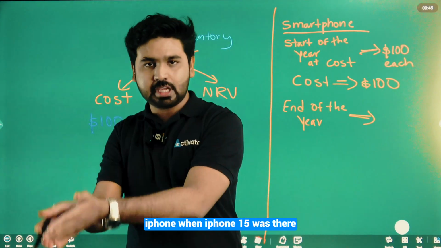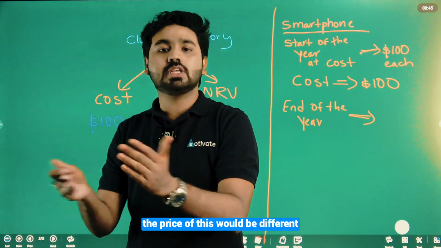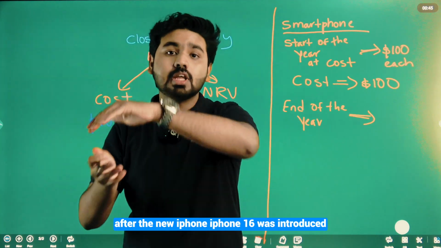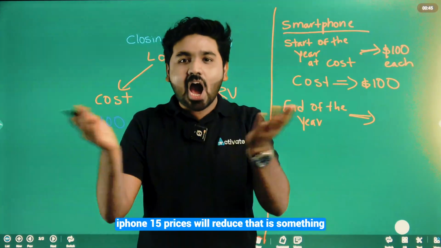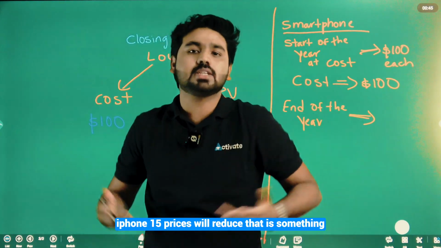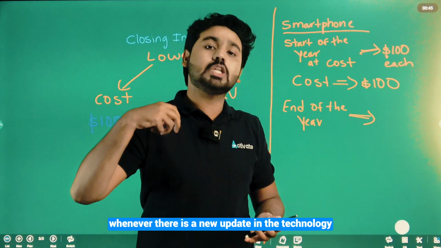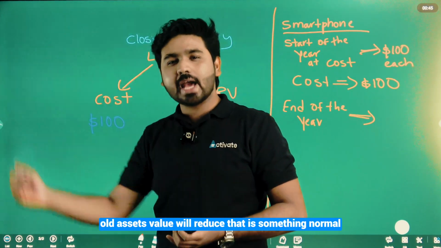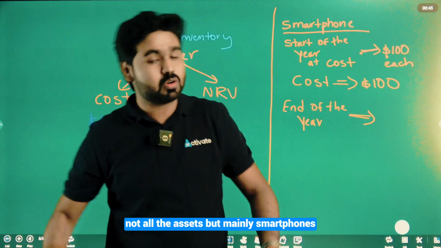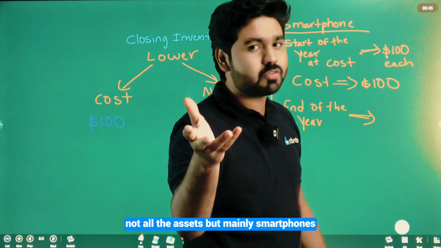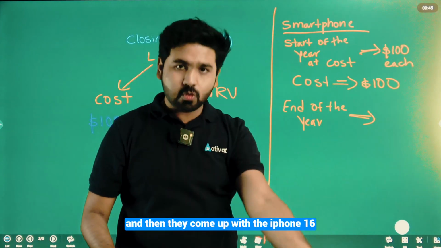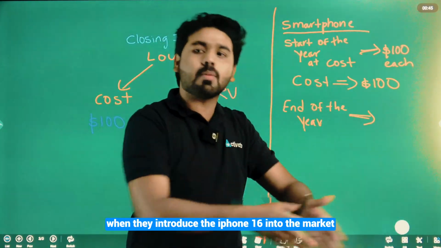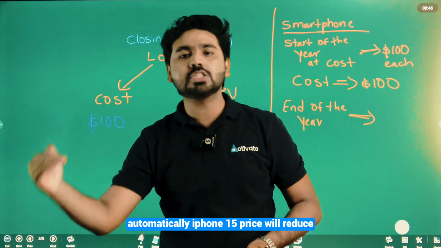When iPhone 15 was there, the price would be different. After the new iPhone 16 was introduced, obviously iPhone 15 prices will reduce. That is something normal. Whenever there is a new update in the technology, old assets' value will reduce. Not all the assets, but mainly smartphones.